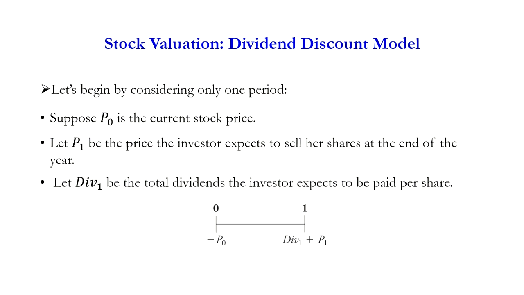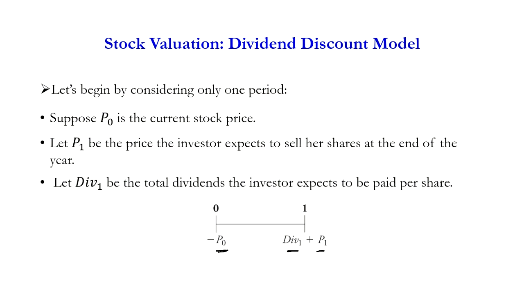Suppose P0 is the current stock price, and let P1 be the price at which the investor is going to sell her shares at the end of year one. And Dividend 1 is the total dividends that the investor is expecting to receive by holding these shares.